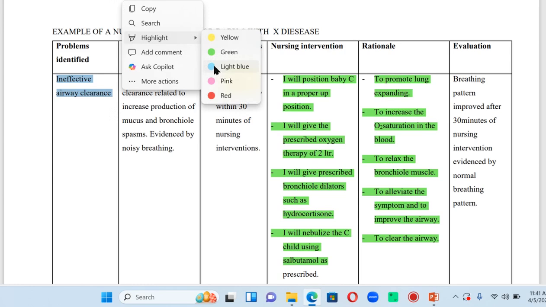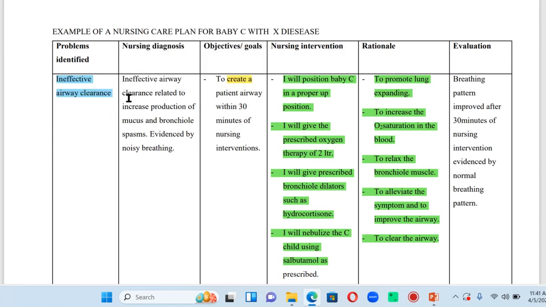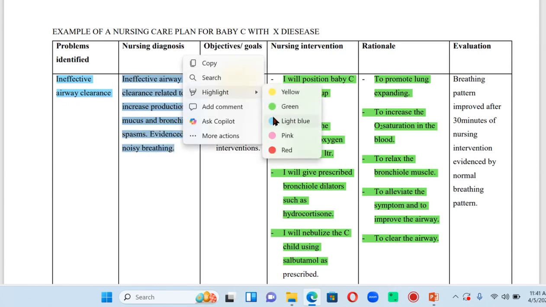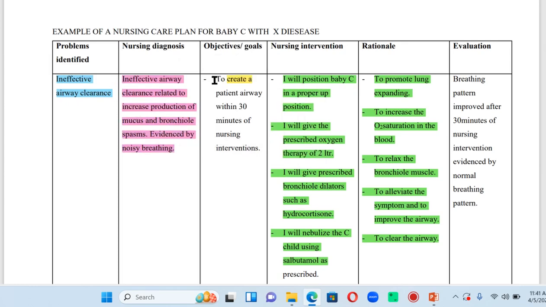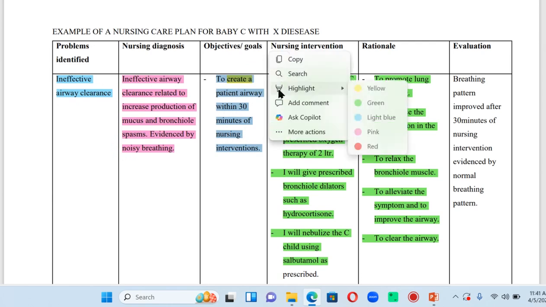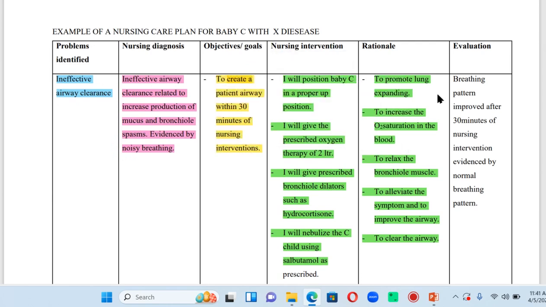This one would be in this color, then I'll prefer this to be in that same color, and the last one I will give a different color. I have put the same color here because I'm trying by all means to make sure that these marry each other.